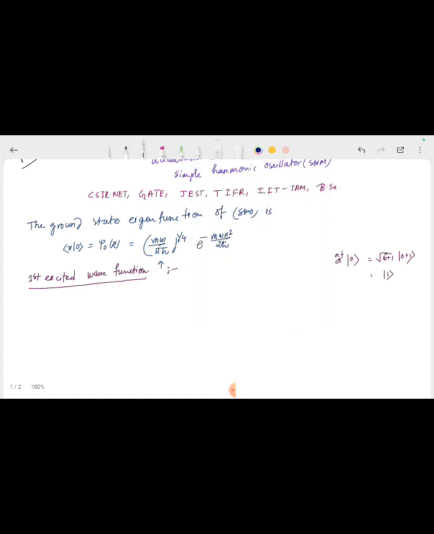You get my point? I have the ground state eigenfunction, and if we apply the raising operator one time, we get the first excited state. So this is our strategy to get the first excited state wave function from the ground state eigenfunction. This mathematical form you already derived in previous classes.